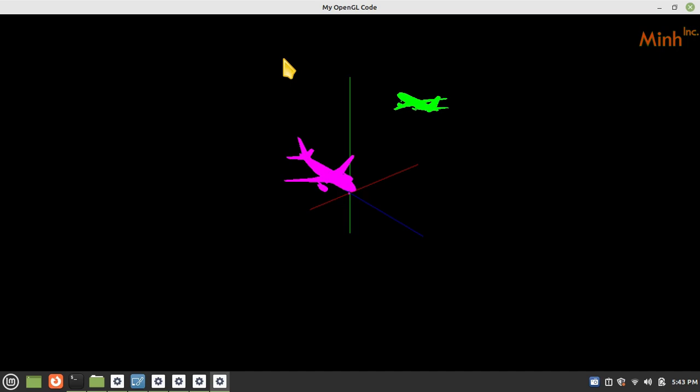And I can rotate now so that it can take off. Okay, so it is proceeding. Okay. Now the next aeroplane is ready.